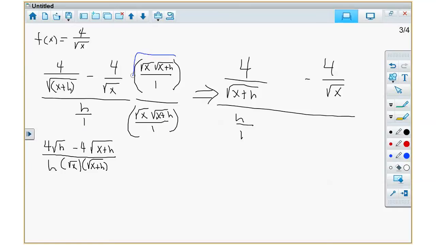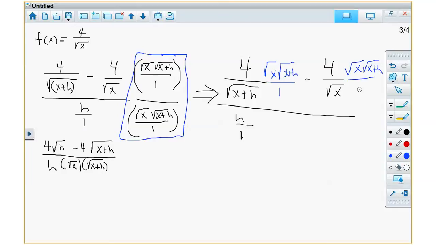I'm going to take this right here and I'm going to distribute it. And that'll give you the square root of x, square root of x plus h. I have to do this in my algebra classes, so I'm used to it. That's why I call it a baby step. Square root of x, square root of x plus h over 1, square root of x, square root of x plus h.